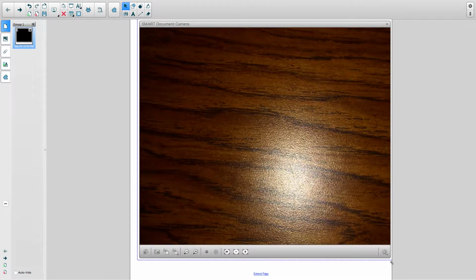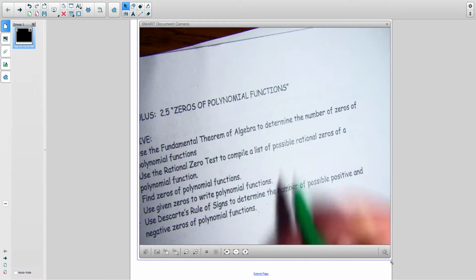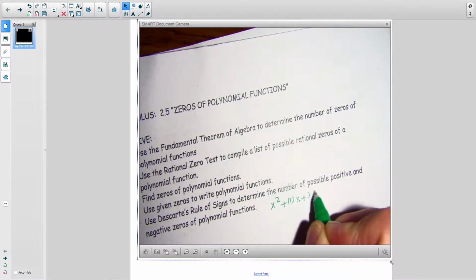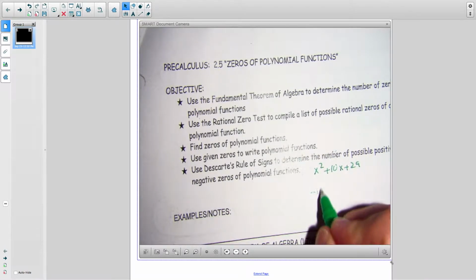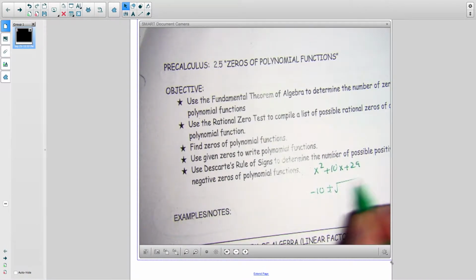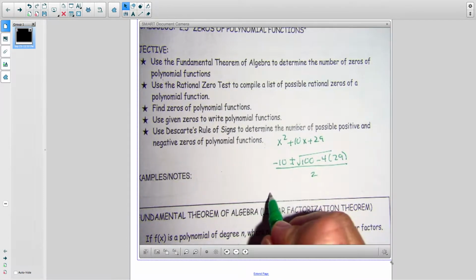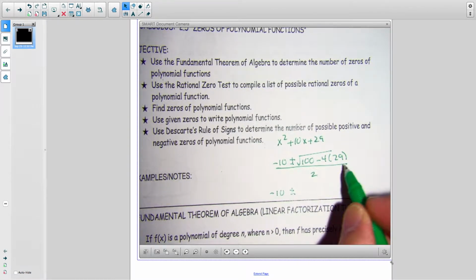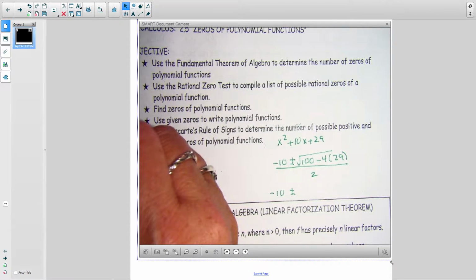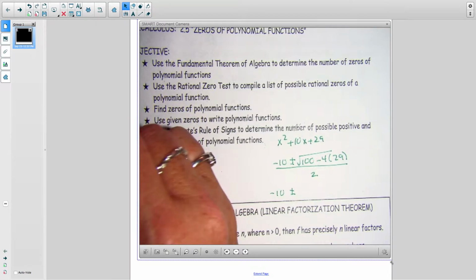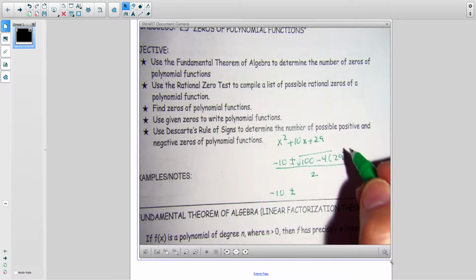It's negative b plus or minus the square root of b squared minus 4 times a times c, all over 2a. So 29 times 4, 116.